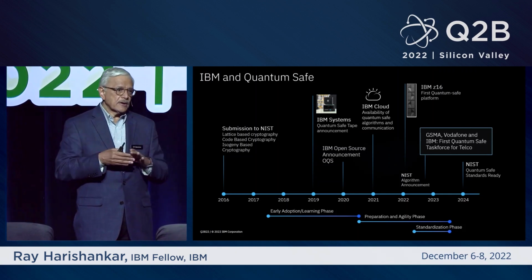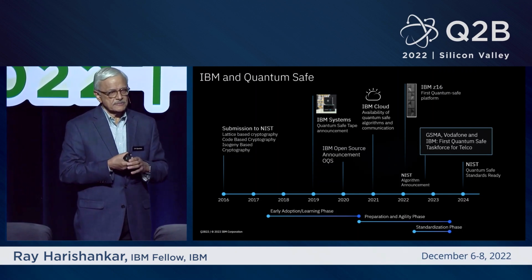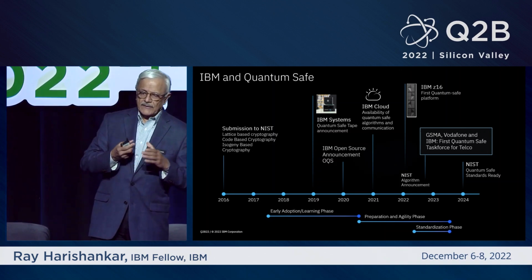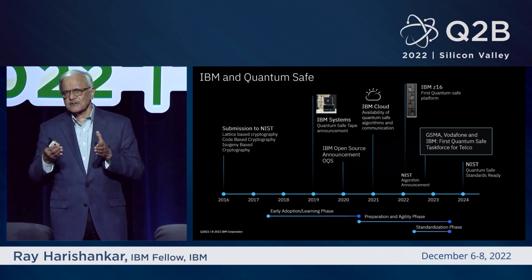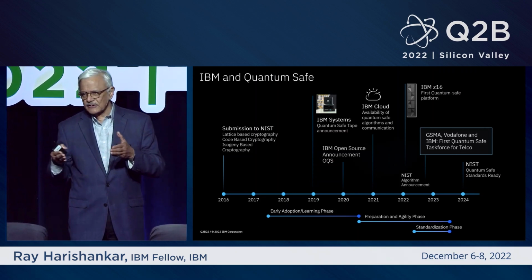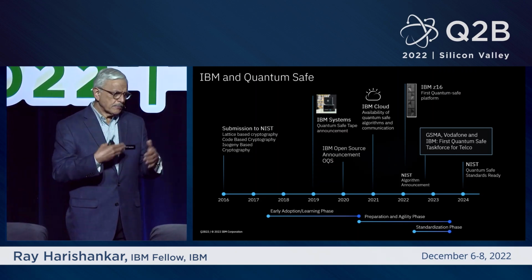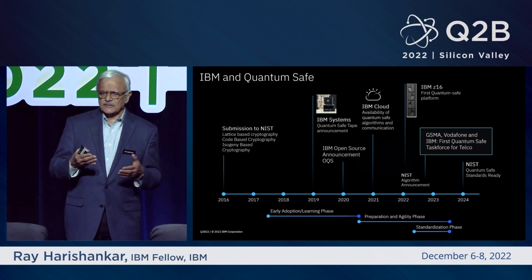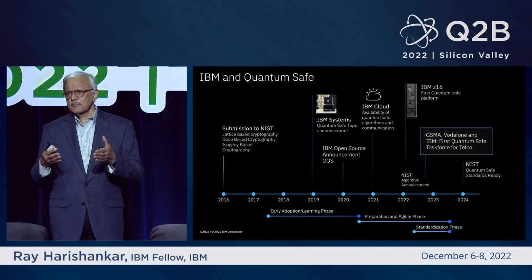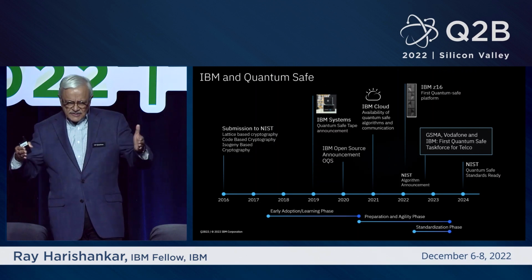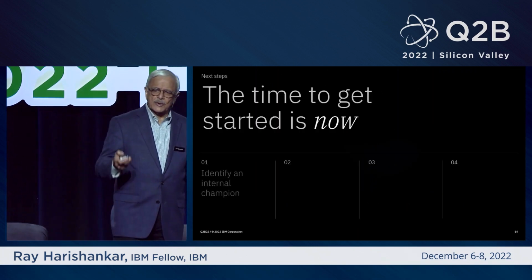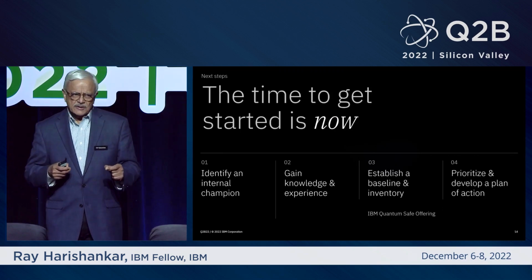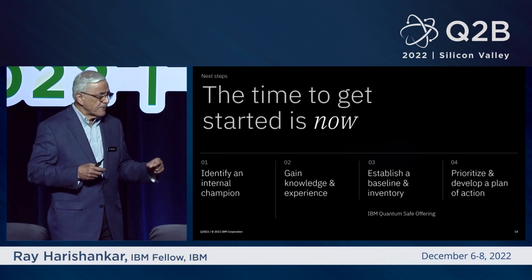NIST is working right now on defining the standards based on these 4 algorithms, and they're calling out that they will publish a standard sometime in the middle to late 2023, and then it goes through an open review and update process, and after that, it's scheduled to be released sometime early in 2024. So there is a time frame between now and early 2024 where standards are not out yet, but we know what the standards are going to be based on.